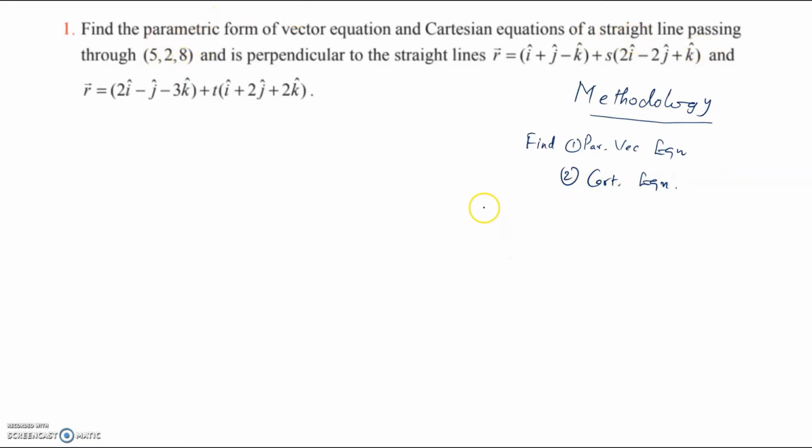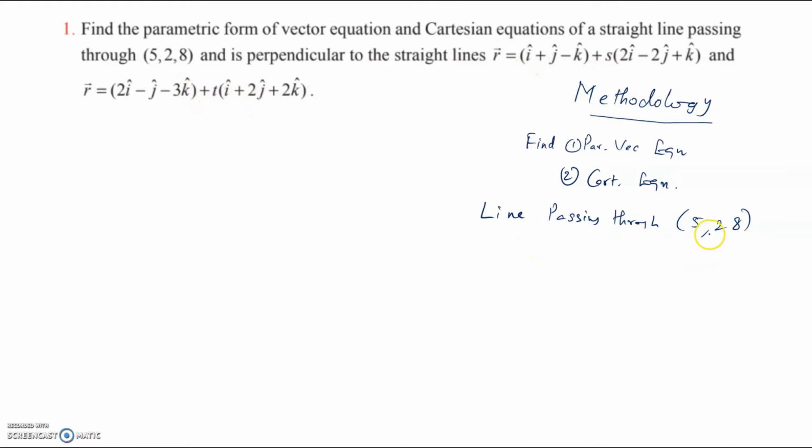So, you have the line passing through the point (5, 2, 8), and this line is perpendicular to these two lines.